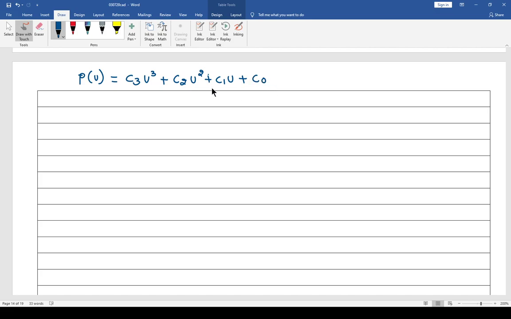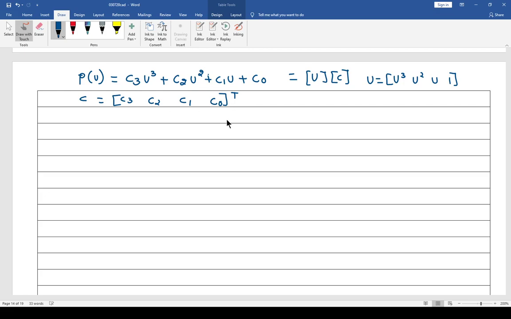Now the C's are the unknown constants, so I can write this in matrix form as U matrix into C matrix, where the U matrix is u cube, u square, u and 1, and my C matrix will be C3, C2, C1, C0 transpose.